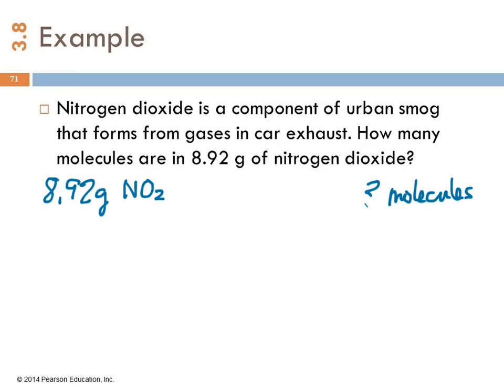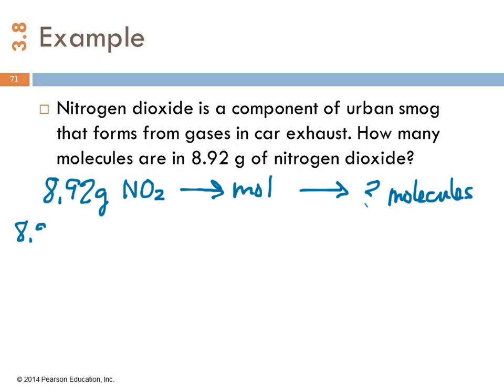So, how do we do that? We need the molar mass. With the molar mass, we can change grams into moles. And Avogadro's number allows us to convert moles into numbers of molecules.